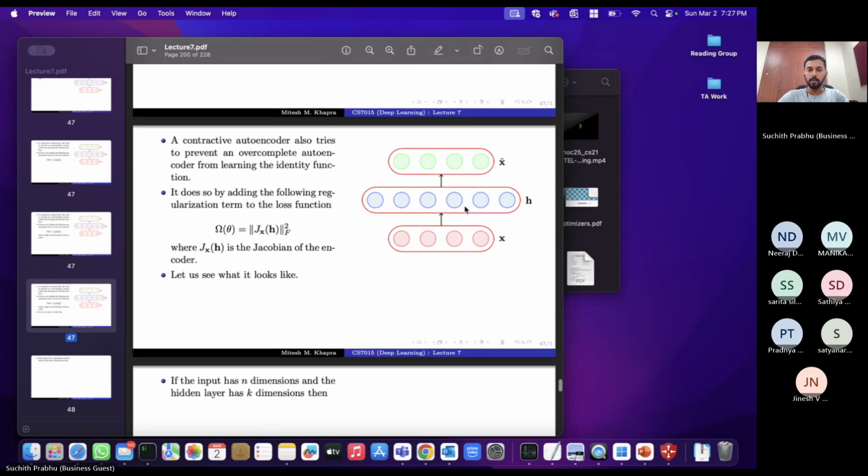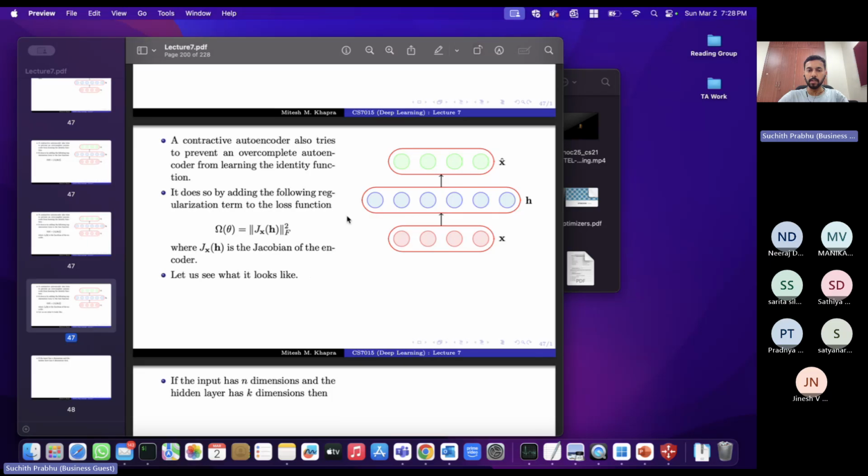So there are two opposing factors here. One, in the actual loss function where you're taking MSE, you want H to be very sensitive to the input. But here there is an opposing term where you don't want the hidden activations to be sensitive to the input values.